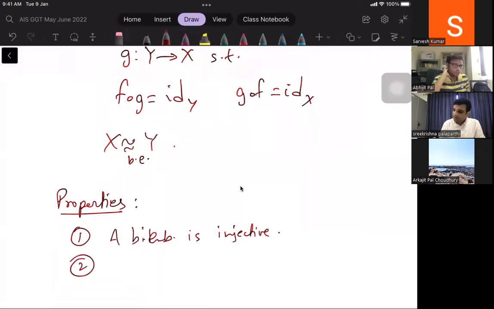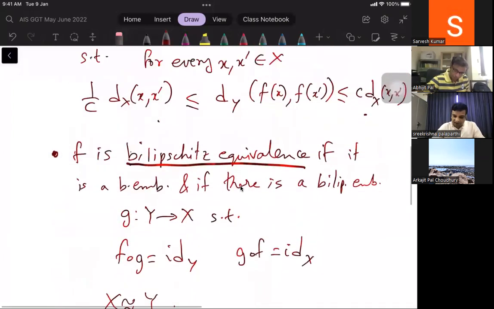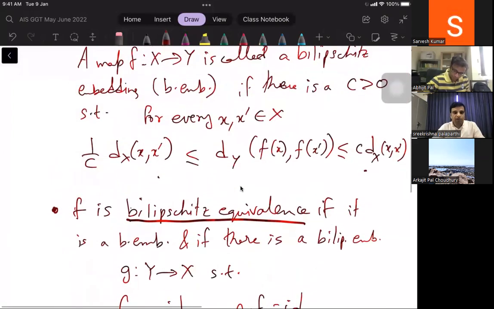Very easy. Now I'm talking about equivalence, not the embedding. A bi-Lipschitz equivalence is a homeomorphism.